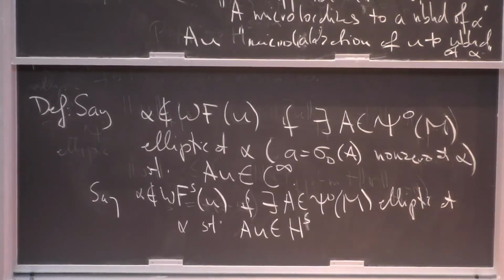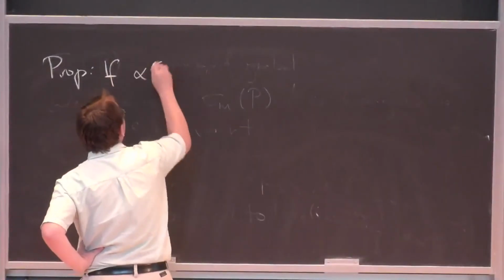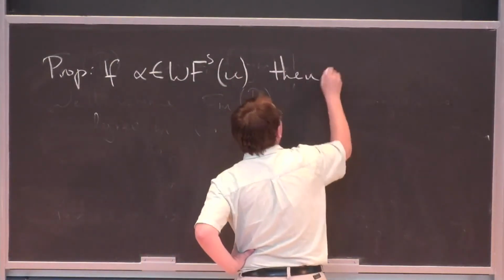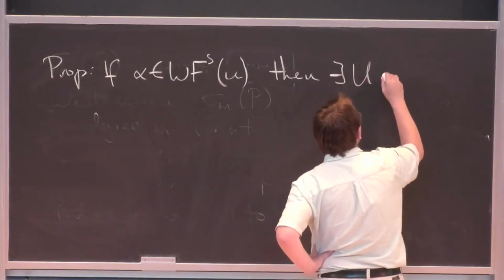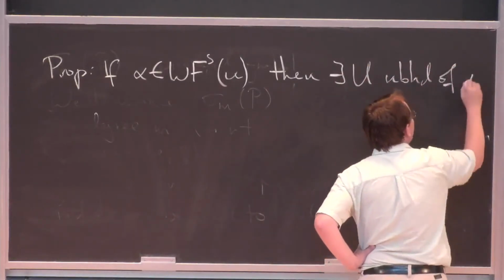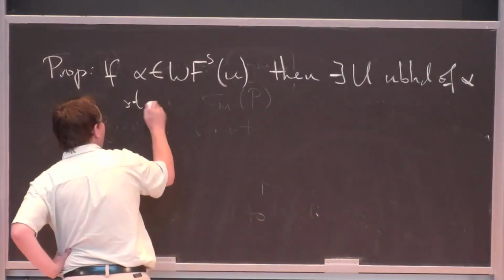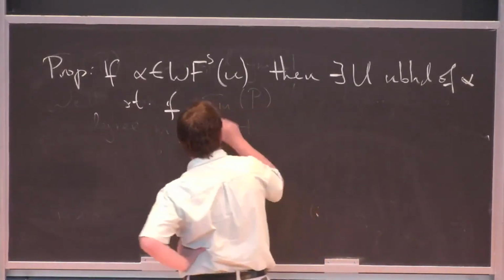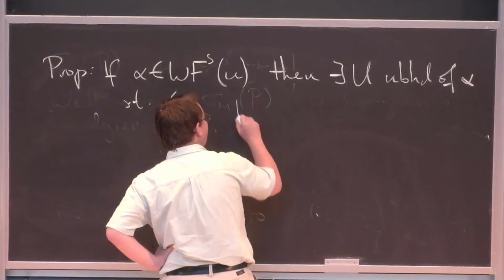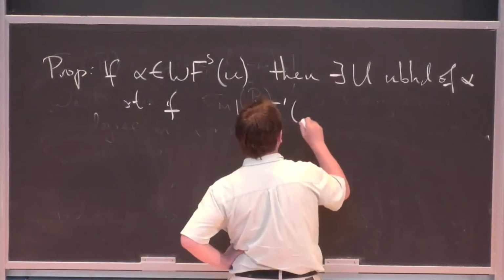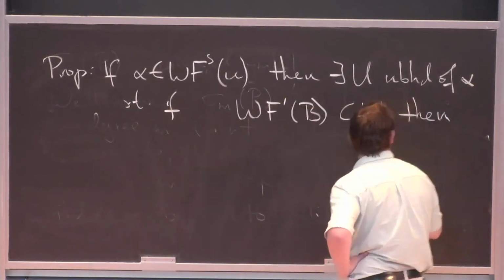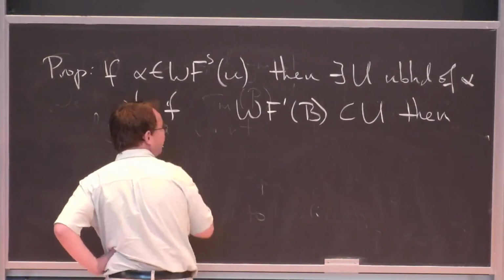So maybe a proposition is that if alpha is not in the wavefront set, say S, doesn't matter, of U, then there exists a neighborhood U of alpha such that if the operator wavefront set of B is a subset of U, then BU is in HS.